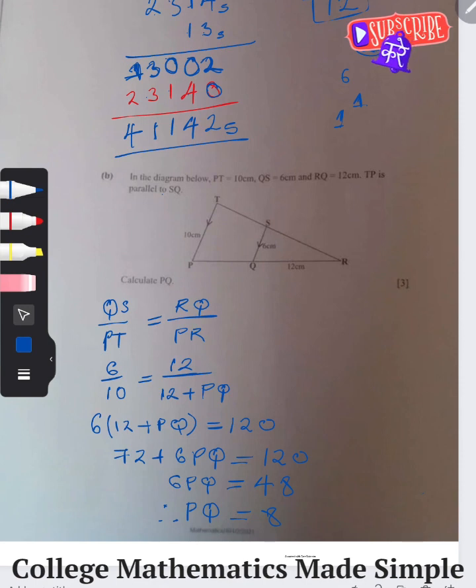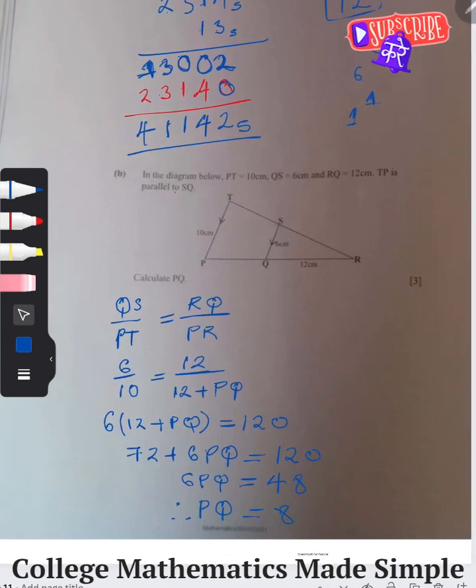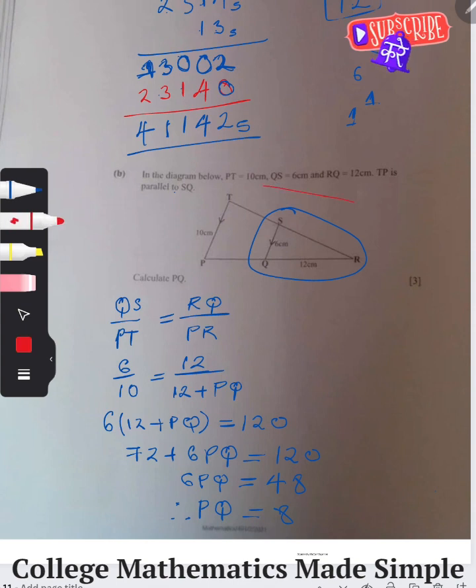So I circle this one as the first triangle, which is a smaller one, and then the bigger one as a larger triangle.